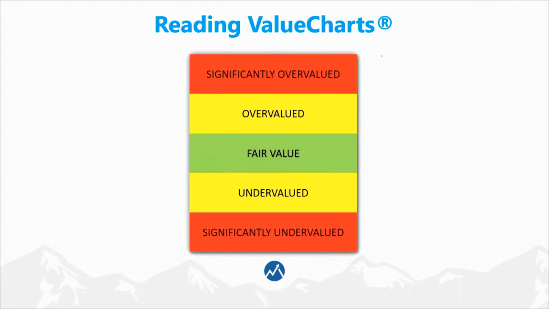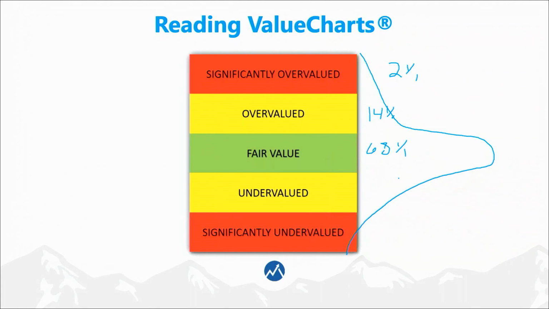Now, you've got to think of it kind of like a bell curve. So it kind of goes like this. Over time, historically speaking, we trade significantly over and undervalued about 2% of the time. We trade moderately over and undervalued about 14% of the time, roughly, and fair value about 68% of the time.